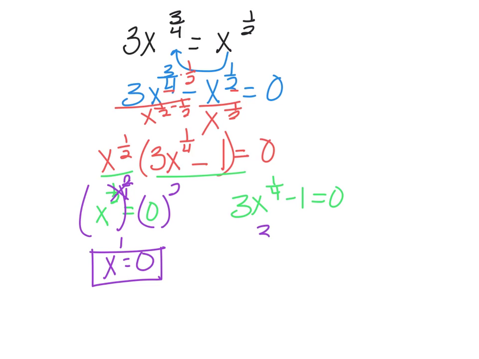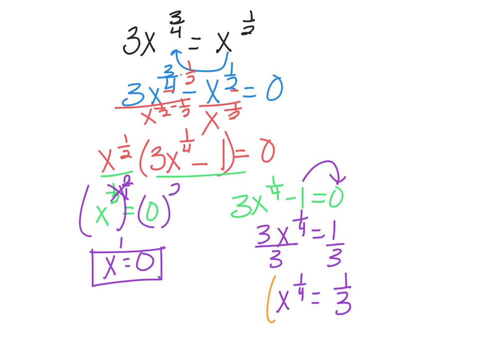The next one, I'm going to move this over by adding it. So I have 3x to the 1/4 equals 1. Divide by 3. So x to the 1/4 power equals 1/3. So I'm going to raise both sides to the reciprocal, which is 4 over 1.